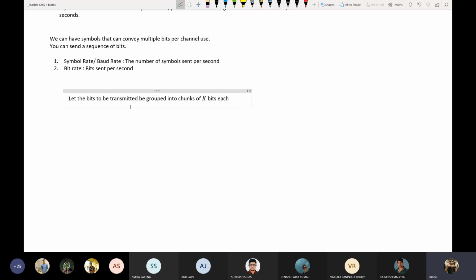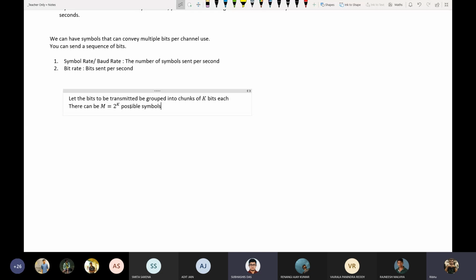We decide that we will send k bits at a time, which means that there can be m equals 2 to the power k possible symbols, right?